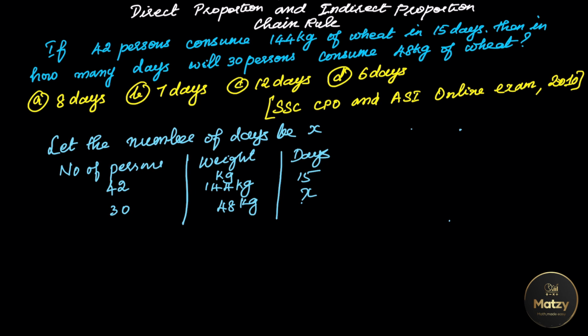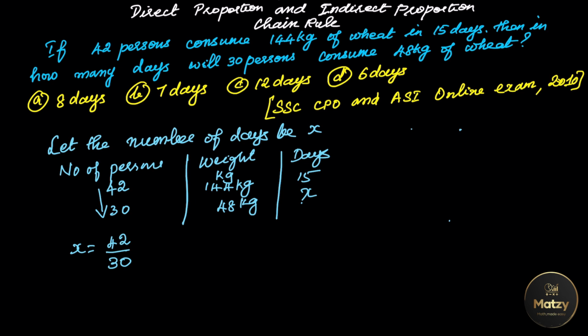If less persons are there, the number of days will be more. So that will be in indirect proportion. Number of persons and number of days are inversely proportional. So, if they are in inverse proportion, you have to write the fraction as it is, 42 by 30.